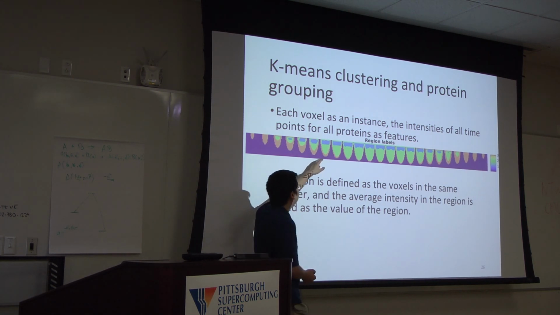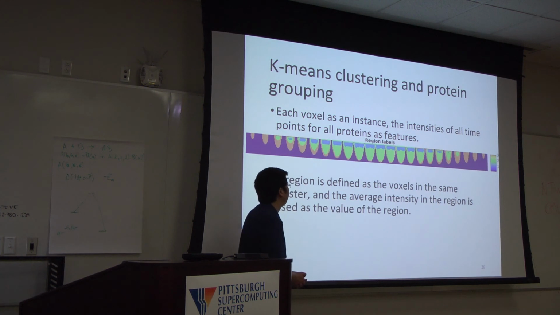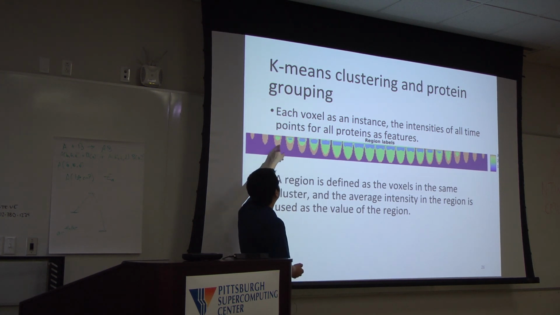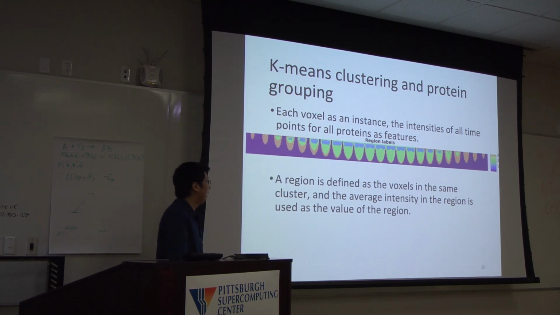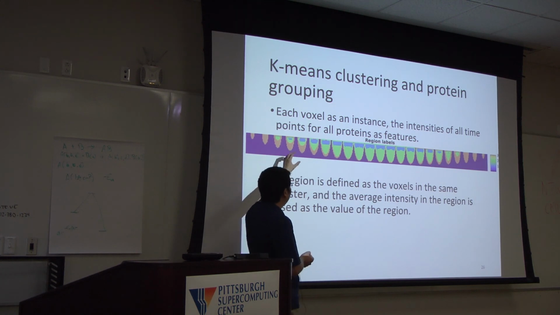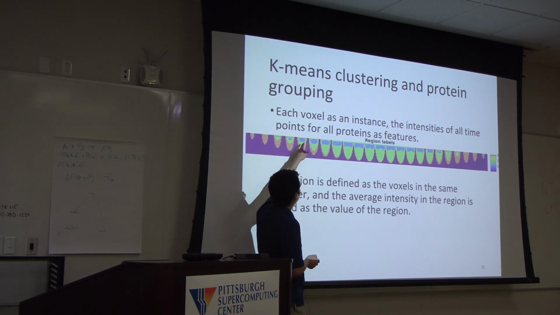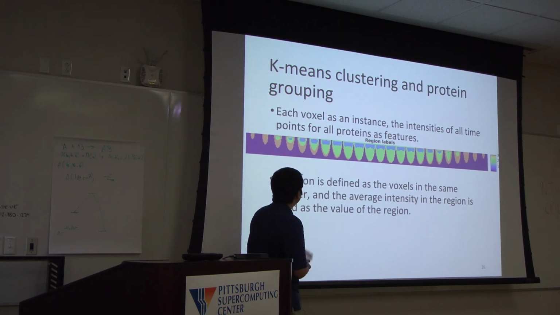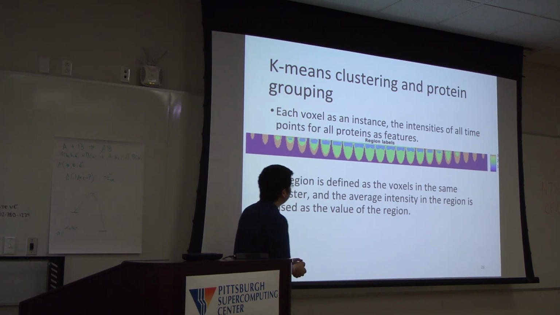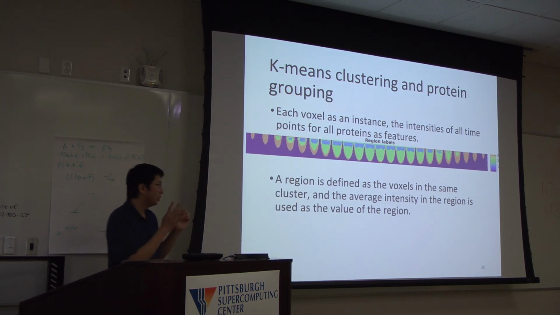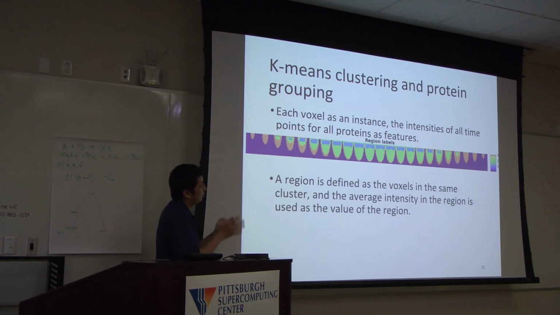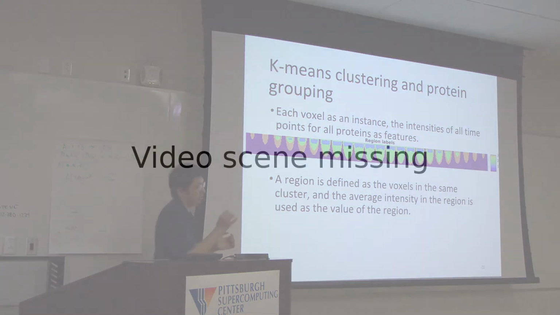Region 2 approximately represents the nucleus, and region 3, the orange one, represents the cytosol. Then for each region, we can define the value, or you can consider it as the intensity, as the mean intensity by averaging the voxels in each region. So for each protein, each time point, we have 3 values because we have 3 regions.